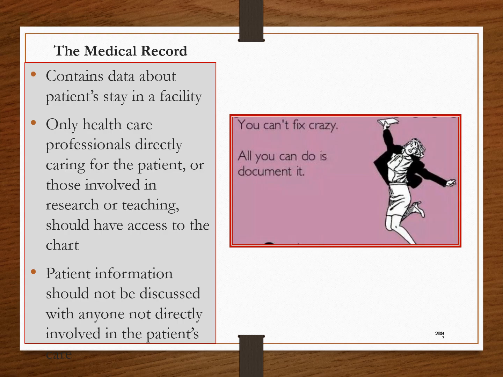You can only look at the chart of patients that you are assigned to, and you certainly don't discuss any patient information with someone that's not directly involved with that patient. Those are HIPAA violations, and you are subject to getting fired, and that would be the best case scenario, because you can also be charged, I think it's up to $20,000 per occurrence. So just don't do it. Don't do it.